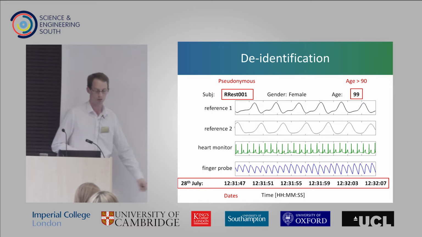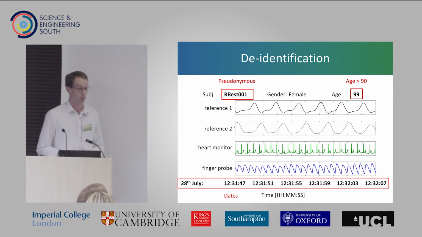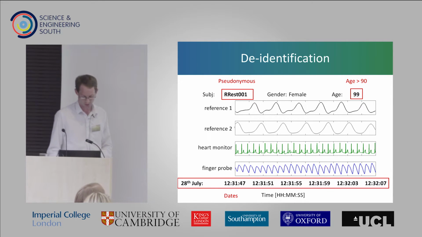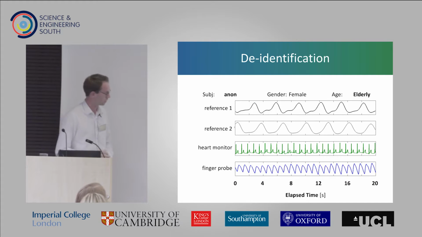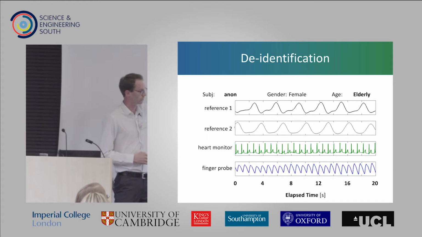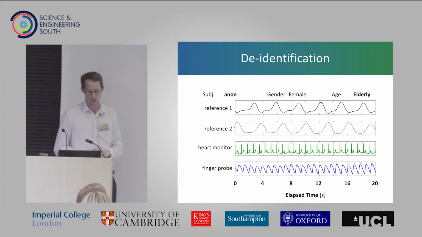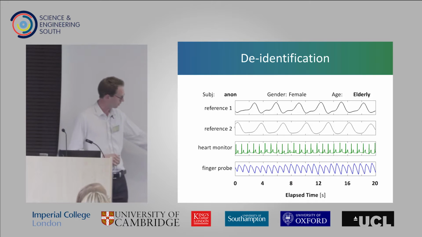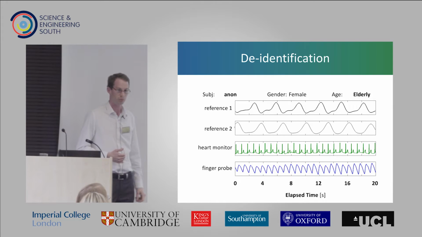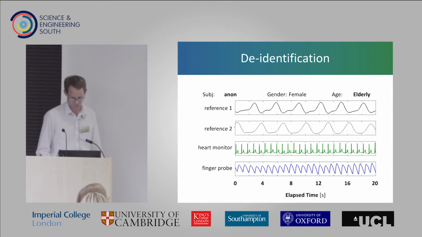So here, date. And this helps to identify who it was who gave that data. So to correct for this, we've anonymized the subject ID, we've categorized the age as elderly rather than 99, and we've recorded time as the elapsed time since the beginning of the recording.